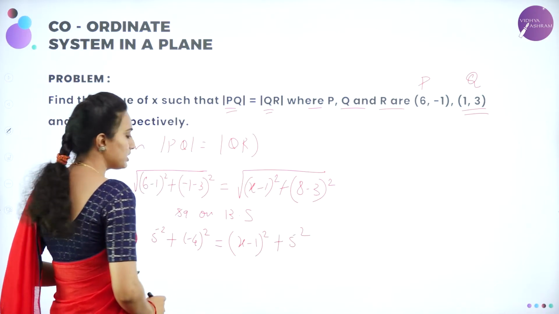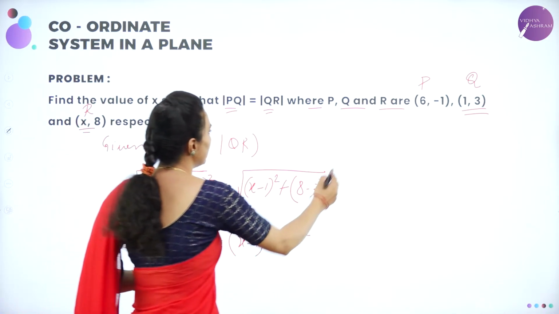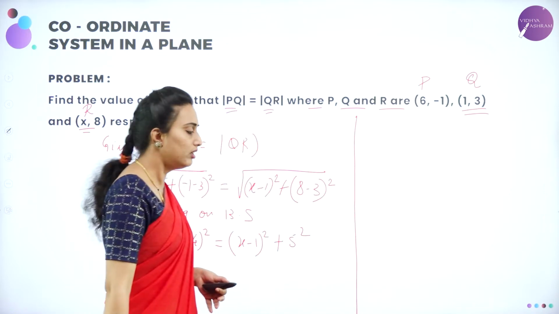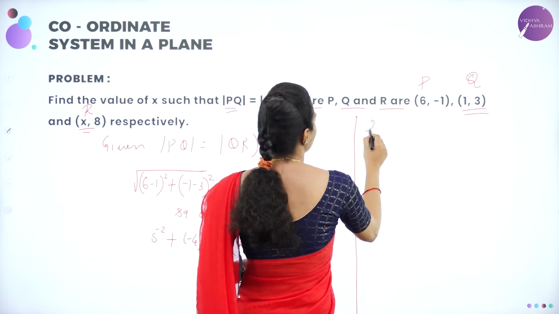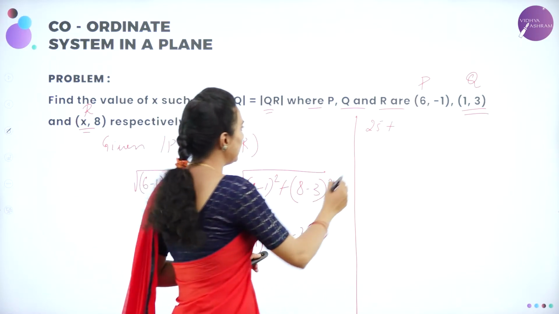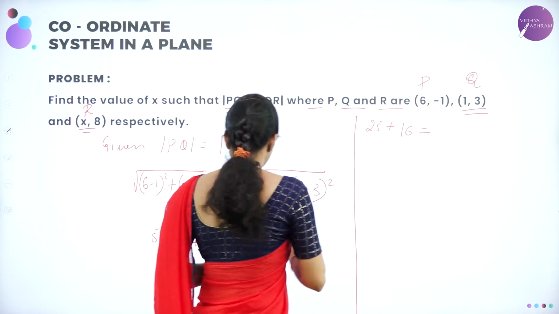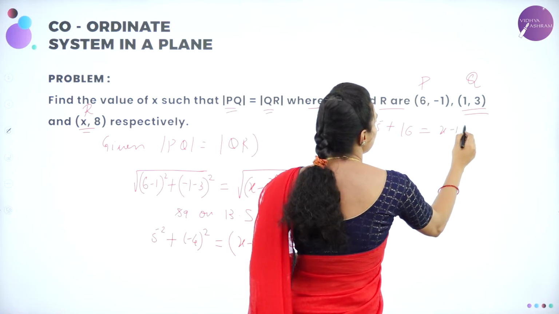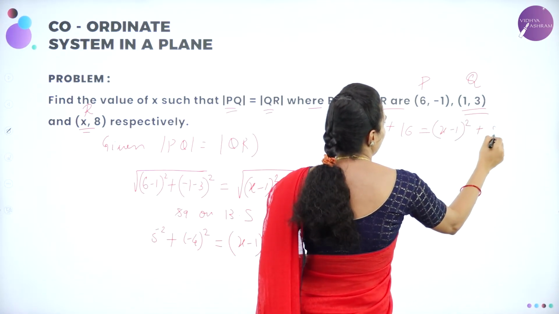What is 5 squared? 25. So 5 squared is 25 plus minus 4 whole squared is 16, is equal to x minus 1 whole squared as it is I am going to keep, plus 25.